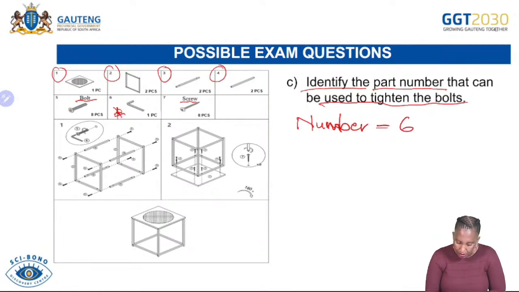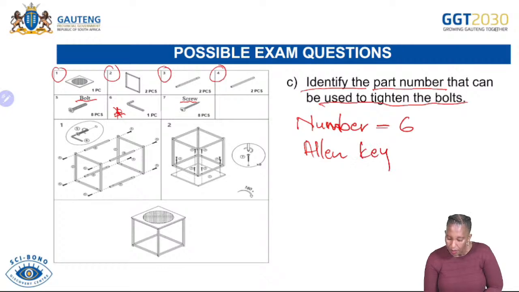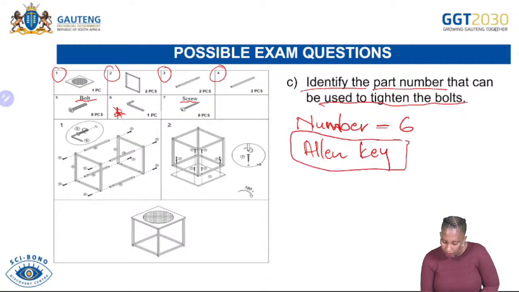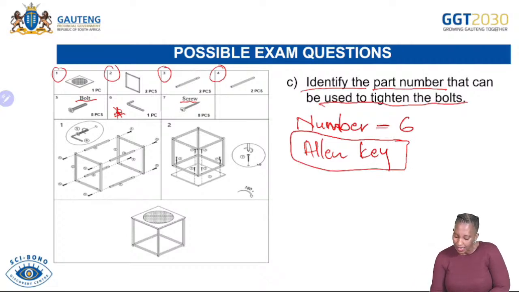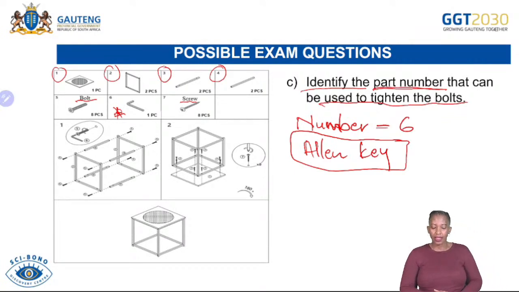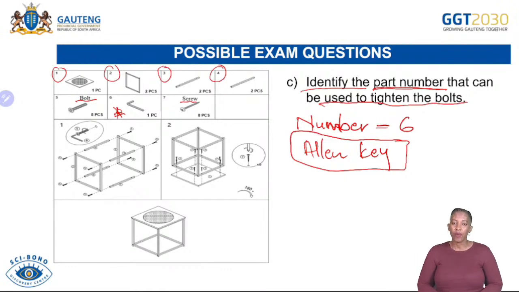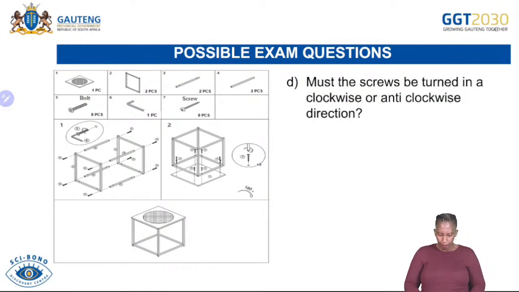Part number 6, which is what? An Allen key. But here the question did not want you to name the key, it says the number. Identify the number part that can be used to tighten the bolt, which is number 6. I hope we are still together, boys and girls.